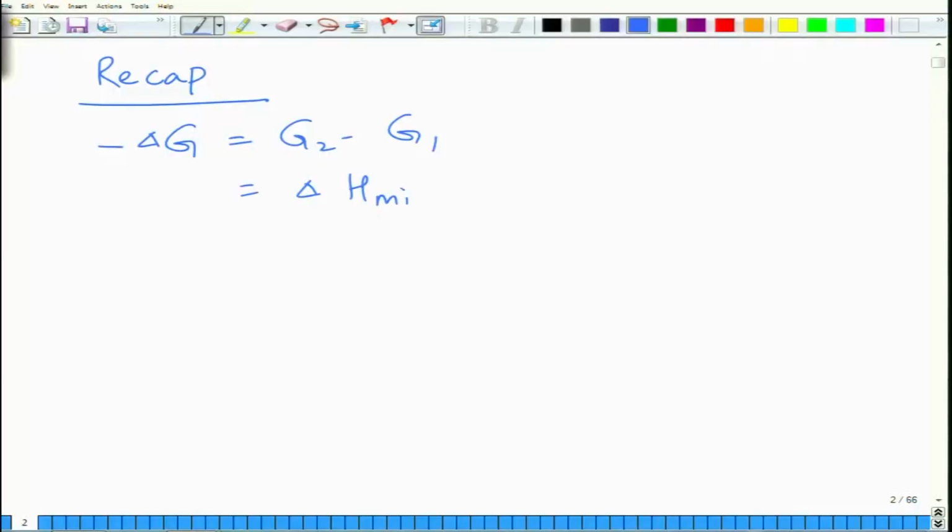So we looked at the free energy delta G that happens by mixing two elements, and this was basically delta H mix minus T delta S mix.